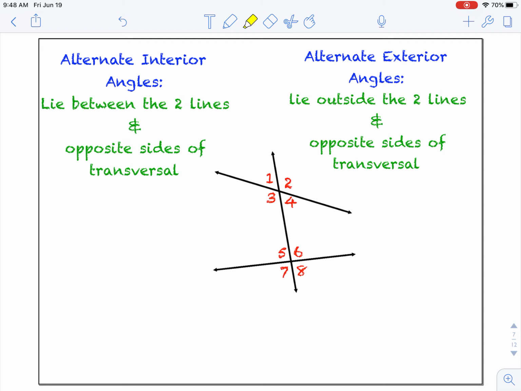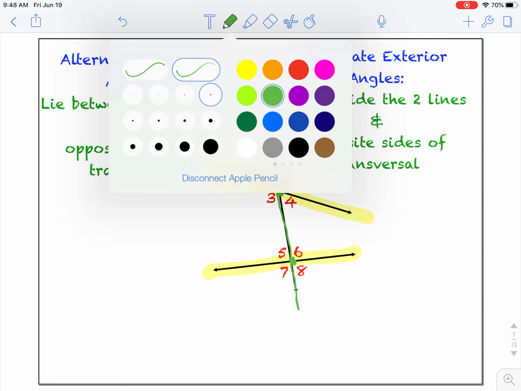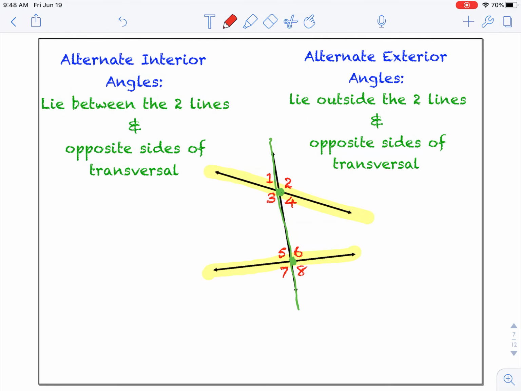Well, we actually have names for the angles that are formed by that transversal intersecting. So again, here is my transversal. It's intersecting these 2 lines right here at these 2 points. And you have 8 different angles that are formed, and I have numbered them. So we have different names.